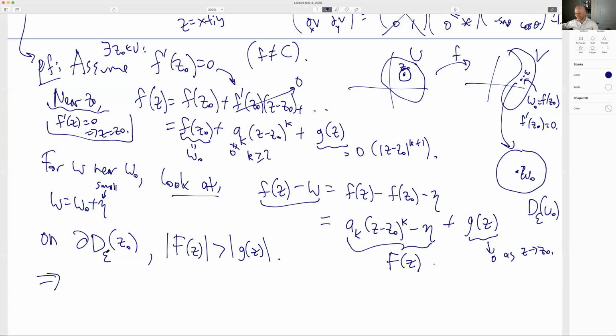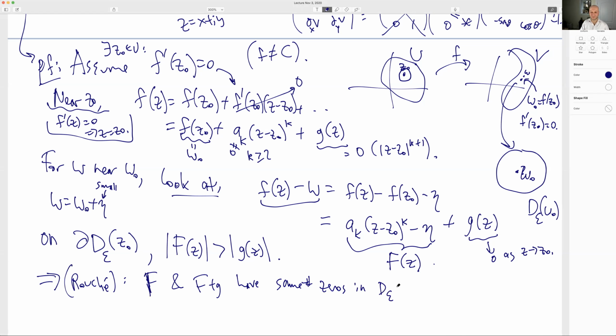Someone from a long time ago. Is that Roche? Rouché. Okay, yes. Rouché's theorem says that f and f plus g have the same number of zeros in the disk.